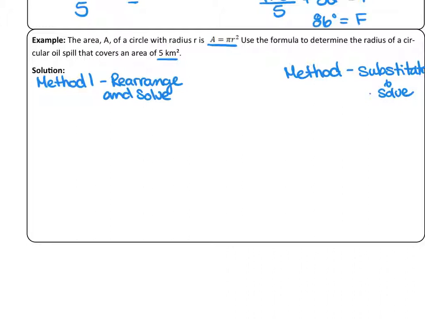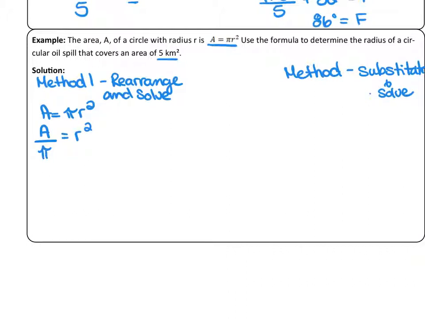Okay, so the first one requires us to move the equation around. So when we move it around, we want to get r all by itself, pi r squared. So the first thing I'm going to do is get rid of that pi, not get rid of it, but move the pi over. It's multiplication on this side, so it'll be division on the other side. So A divided by pi equals r squared. Now, yes, we have r all by itself, but we want to find the radius.